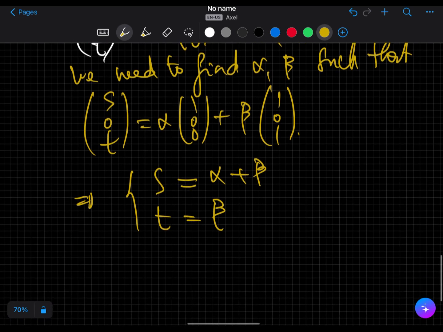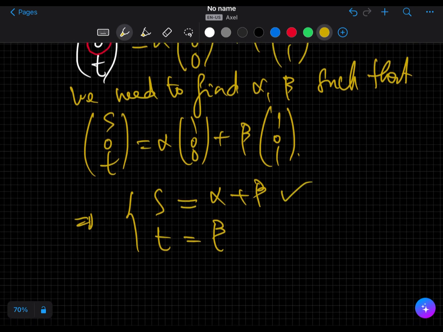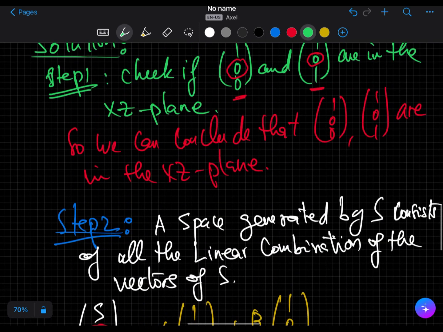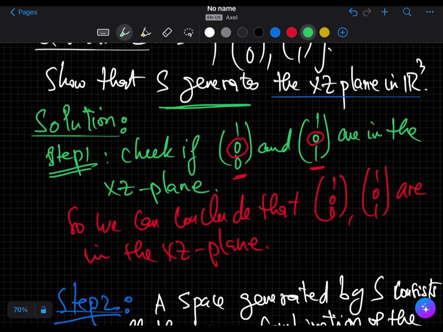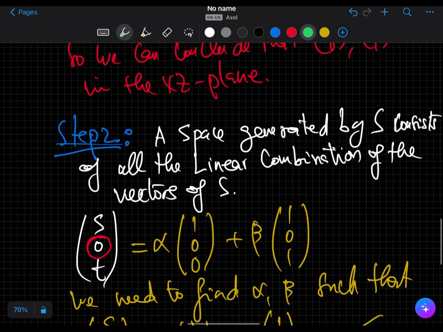So anytime we have s equals alpha plus beta and t equals beta, this vector will be written as a combination of the vectors of S. And this vector belongs to the xz plane because the y component is 0. Therefore, we have proven that S generates the xz plane in R3.